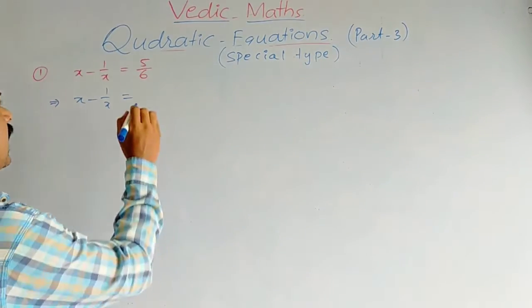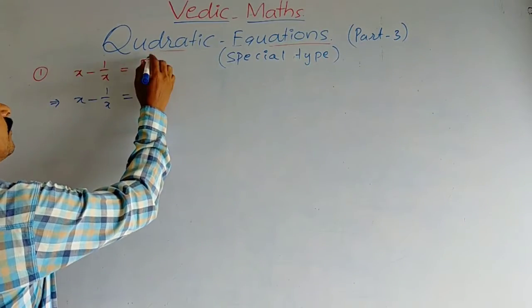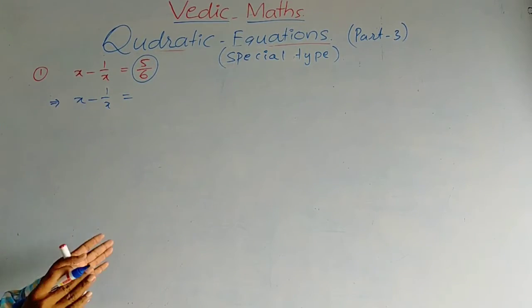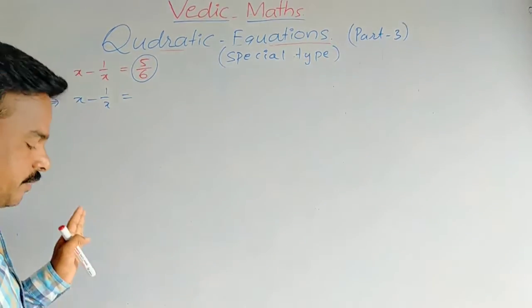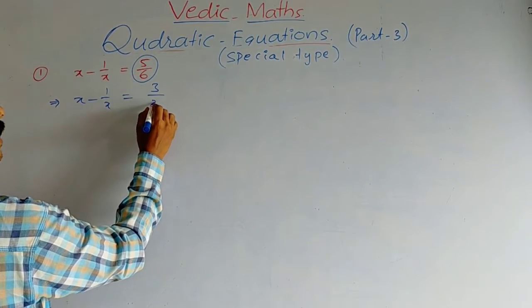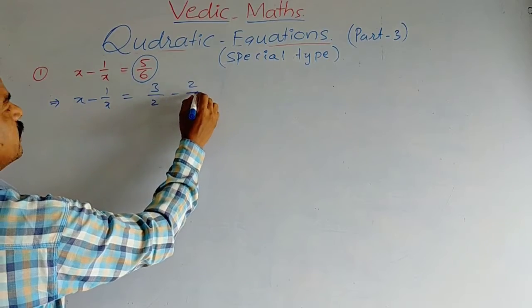So on the right side also we have to change this 5 by 6 into a difference of two reciprocals. This one we can write as 3 by 2 minus 2 by 3.